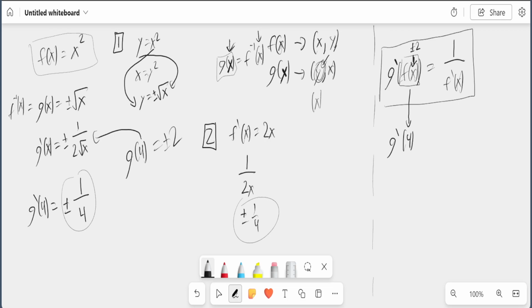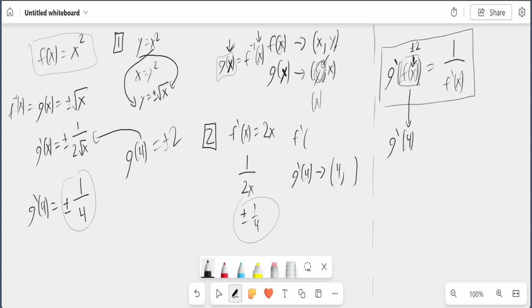An easy way you can think of it is, if we want g prime of 4, that is some value. If you plug in 4, you get some value, right?